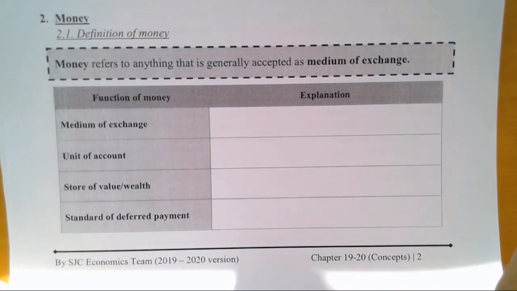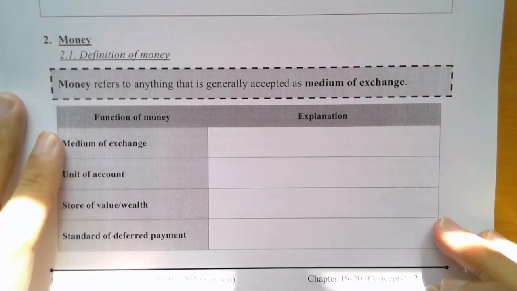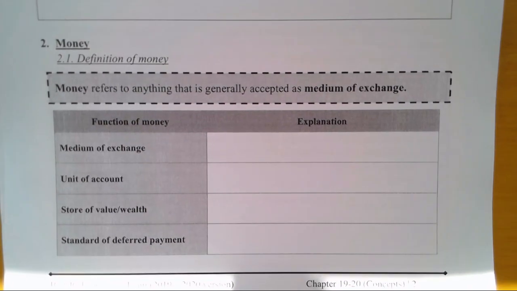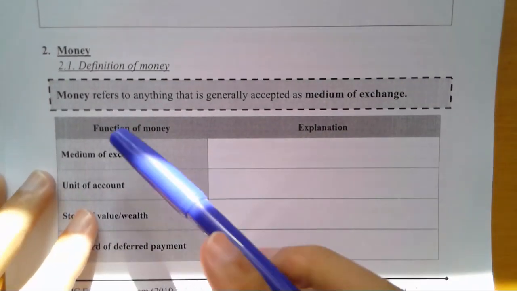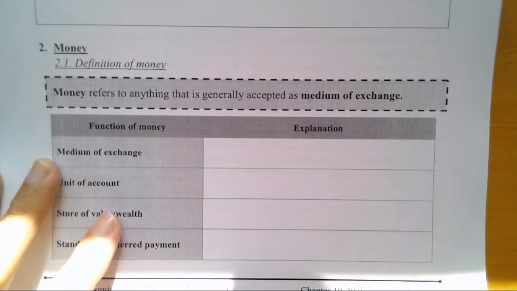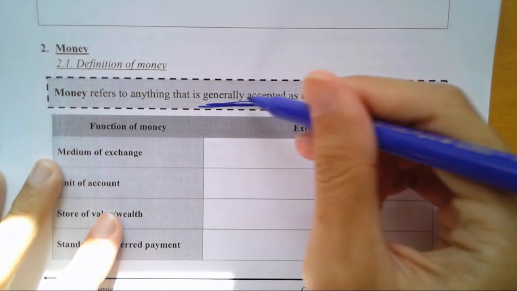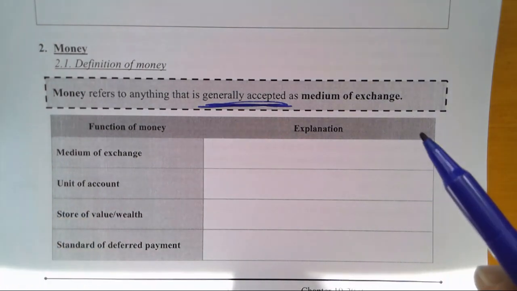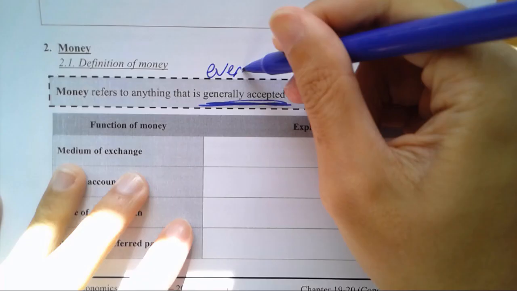Now, once we understand barter, now it's time to go into money, okay? When we talk about the definition of money. Okay, here, money refers to anything that is generally accepted. Now, 唔好漏咗呢個字, not just medium of exchange, but generally accepted that everyone wants.